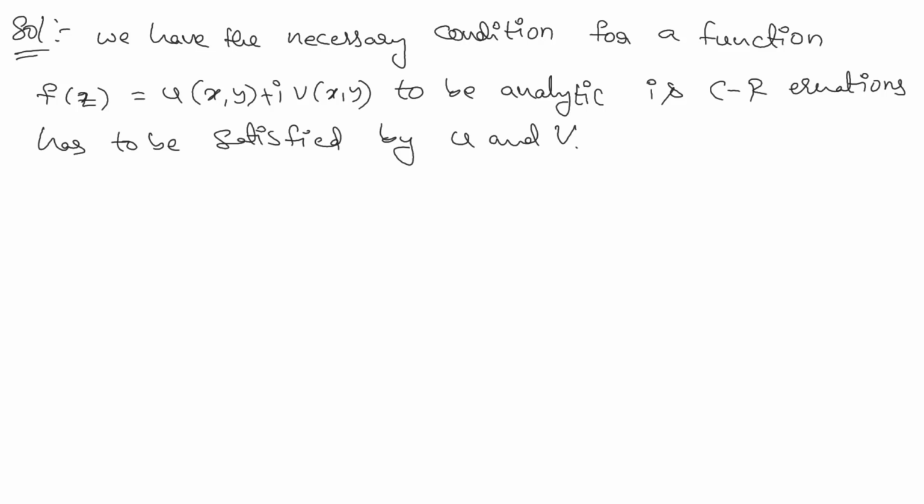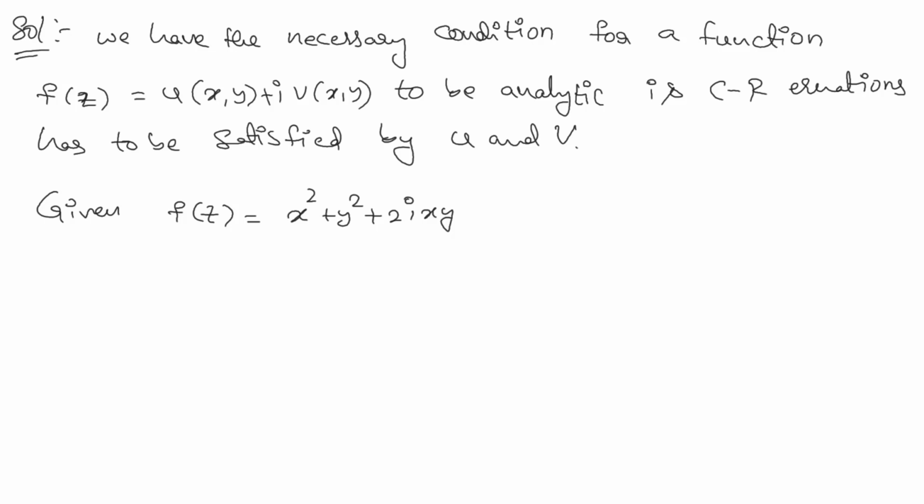So for this, firstly, for the given functions f and g, we check whether the real part and imaginary part satisfy the Cauchy-Riemann equations or not. That is, for the given function f of z as x square plus y square plus 2ixy.